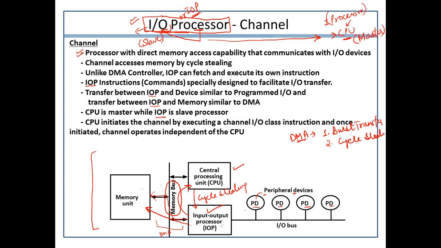Cycle stealing is simply that whenever the processor wants to transmit data, it takes the grant of the memory bus from the CPU. It steals one memory cycle of the CPU in order to proceed with its instructions. That is the basic point here.